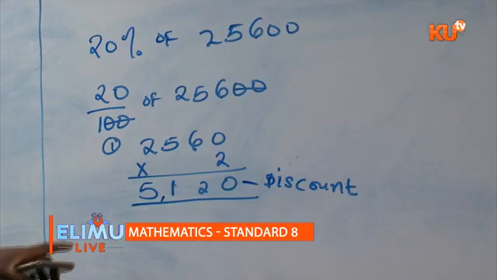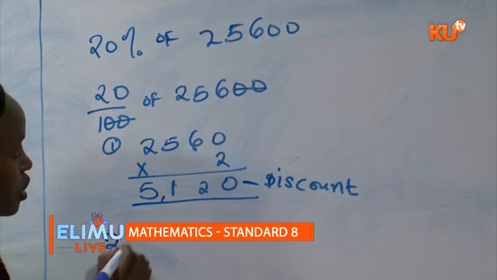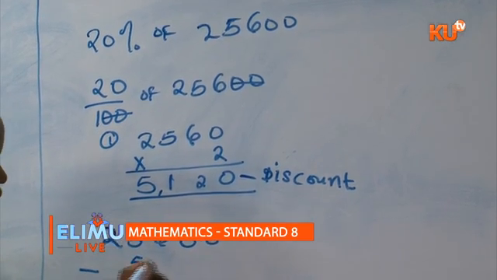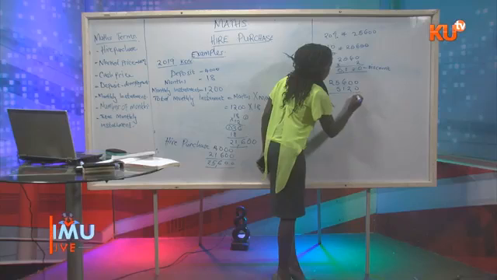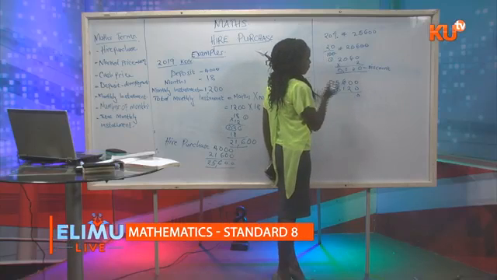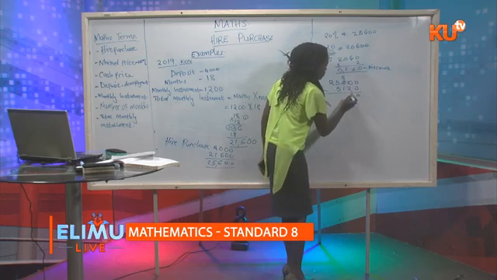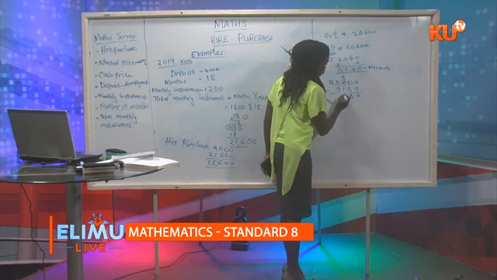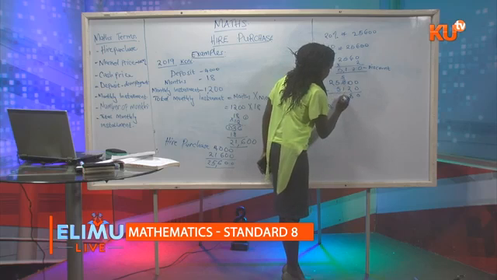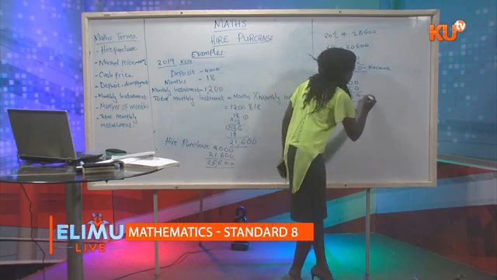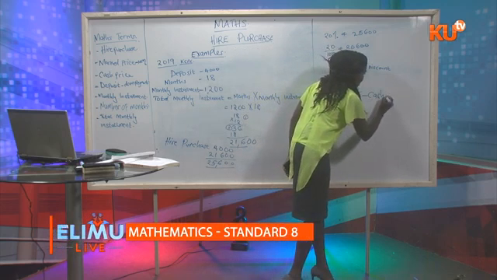So we subtract from the hire purchase to get the amount that she paid on cash. 25,600 minus 5,120. We borrow 1 here, we remain with 5. 10 minus 2 is 8. 5 minus 1. So we get 20,480. This is the amount that she paid on cash.